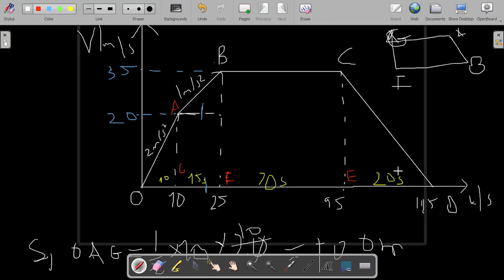And the last one here, we get the area of the triangle by saying half base times height. The base is 20, while the height is 35.